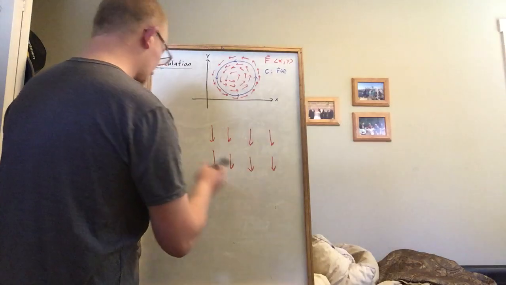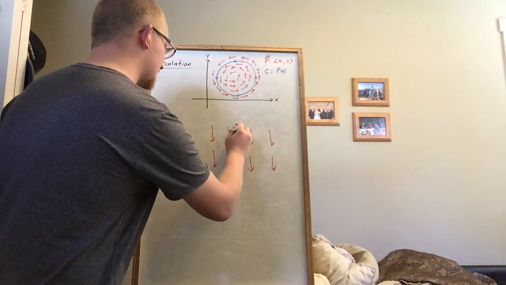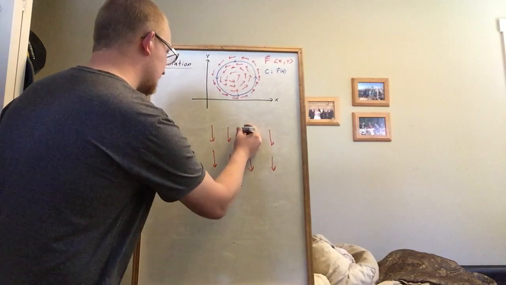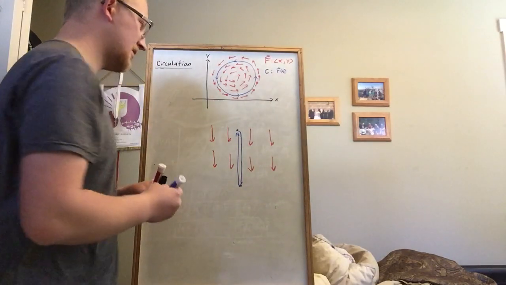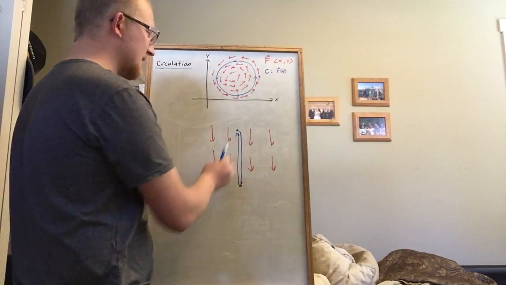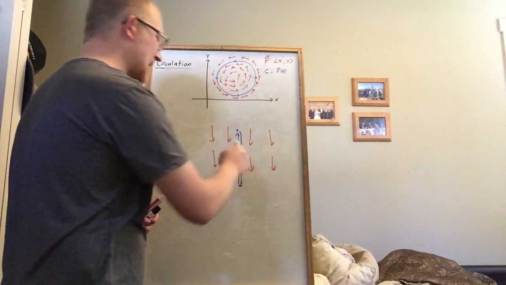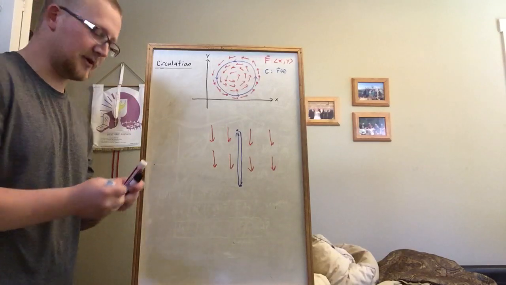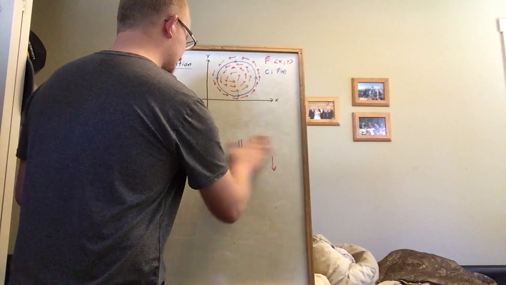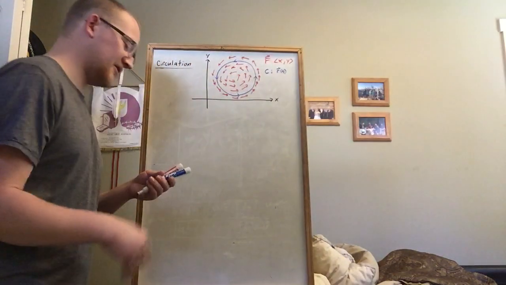As you work your curve, let's say you move up and then turn around and go back down to where you started. This would be a closed curve, and all of the work you fought to get up here, you gained back as you go back down to where you started. In other words, if the circulation of a field is zero, it is a conservative field.